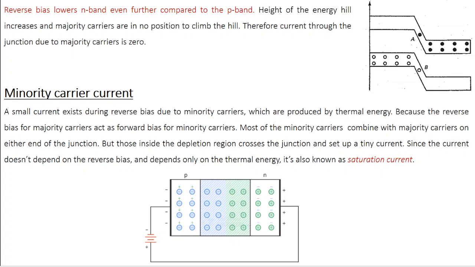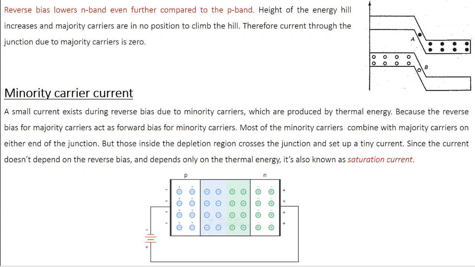Because majority carriers are provided by the dopant or the impurity, and the minority carriers are provided by the semiconductor atoms. If you provide thermal energy like room temperature, some amount of electron hole pairs are generated in the semiconductor. The number is very, very less, but still they exist.